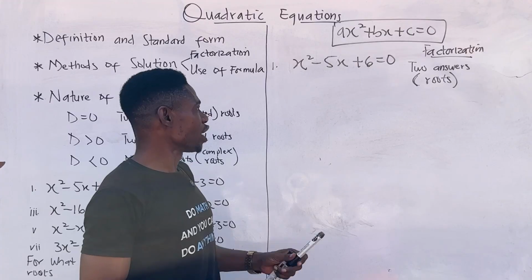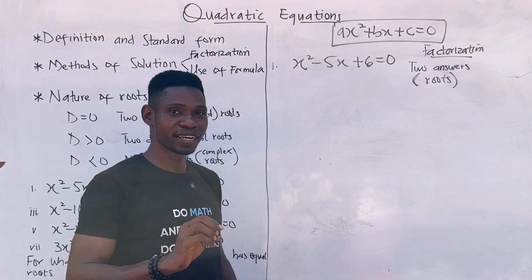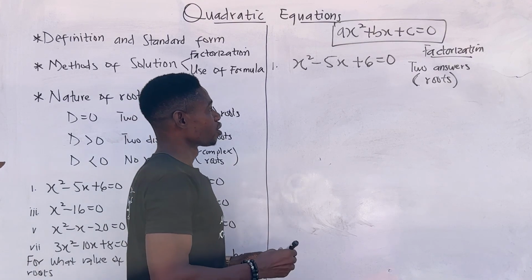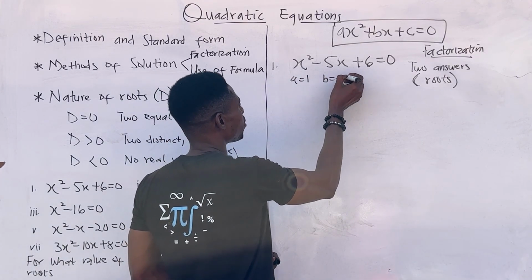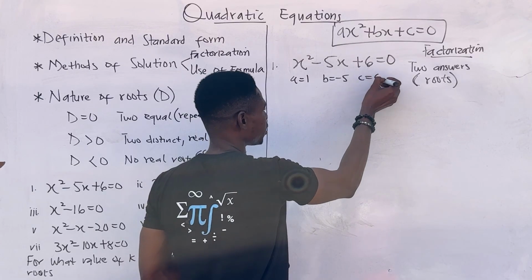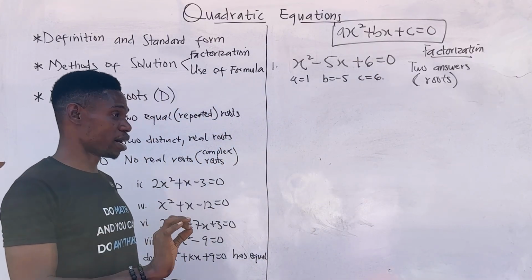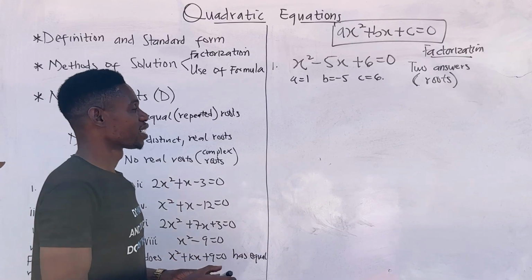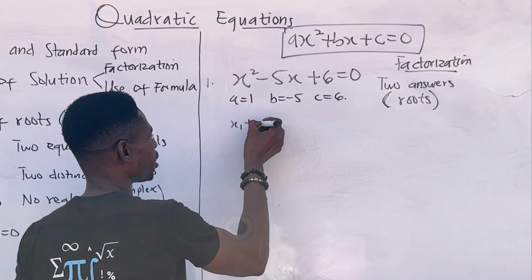Now, when you want to solve a quadratic equation by factorization, the simple thing to do is, first, our a here is 1, our b here is minus 5, and our c here is 6. Now, we're going to look for 2 numbers, let's call them x1 and x2.